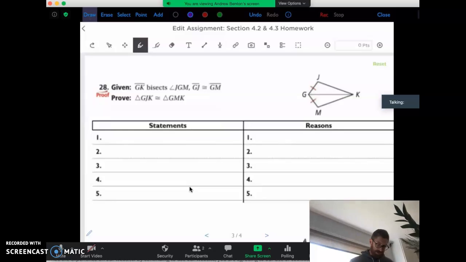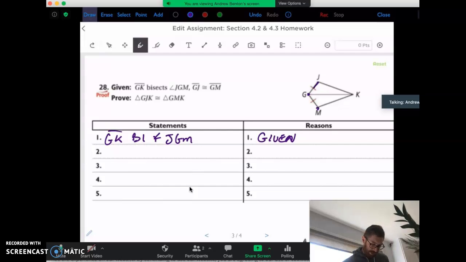Okay. Let's try this one. Ooh, this one's a little bit better. So GK bisects angle JGM. That's why we worked so hard on this bisect stuff earlier. So JGM, that's this angle right here, JGM.